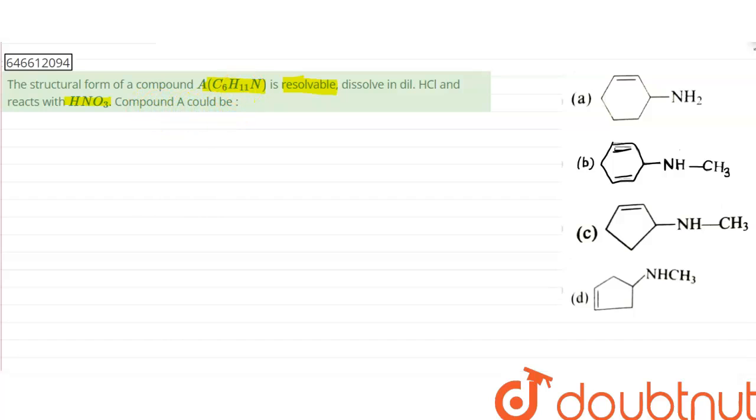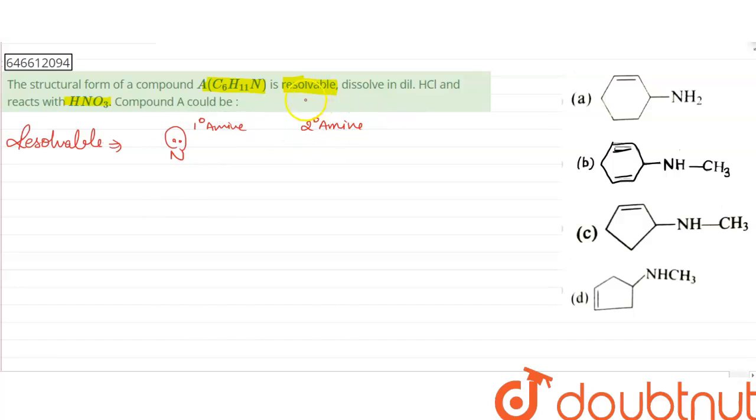See, the very first thing you should know is about the word resolvable. Resolvable means we have this nitrogen compound with a lone pair. Nitrogen is always with the lone pair, right? Primary amine and secondary amine are categorized as the resolvable amines.